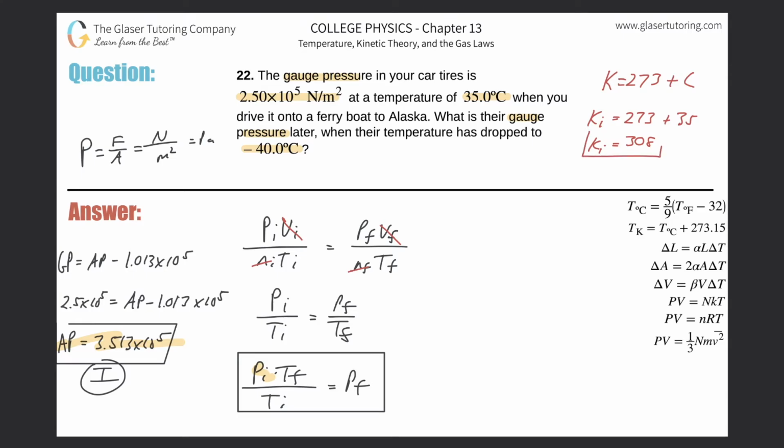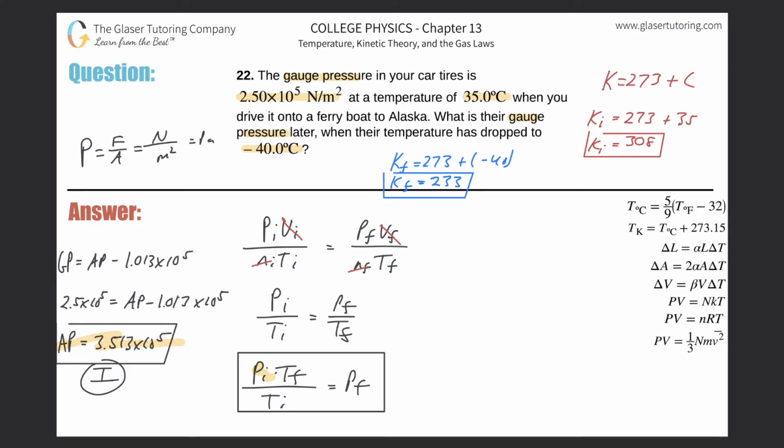Great, that's the initial Kelvin temperature. And then we would do the same thing for the final. The final Kelvin temperature is going to be 273 plus a negative 40 degrees Celsius. So it's really a subtraction. So the final Kelvin temperature looks like it should be 233.